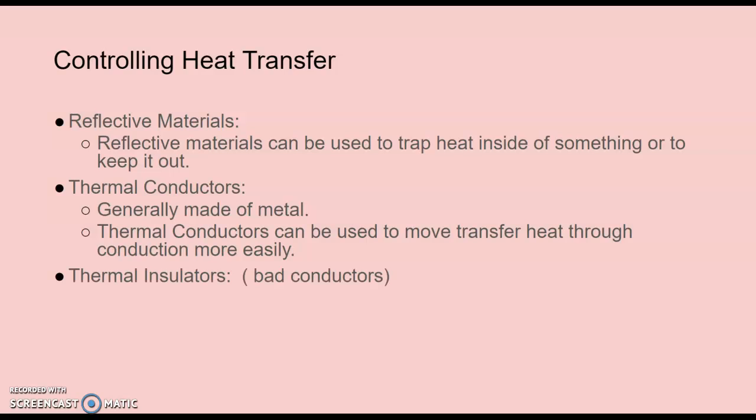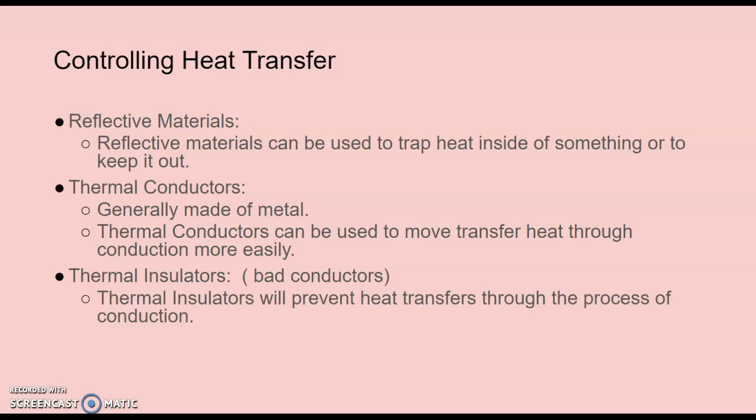Where, on the opposite of that, I have insulators. Like insulation in a house, insulation keeps your house warm by preventing things from escaping. So thermal insulators will prevent heat transfer. So like insulation in a house, some type of mugs or coolers have insulation to prevent that heat transfer from happening.